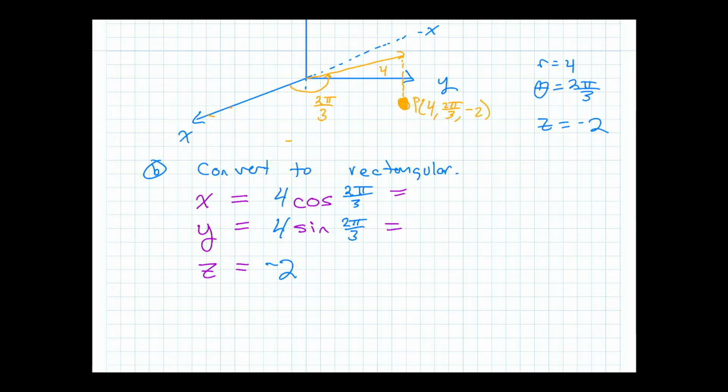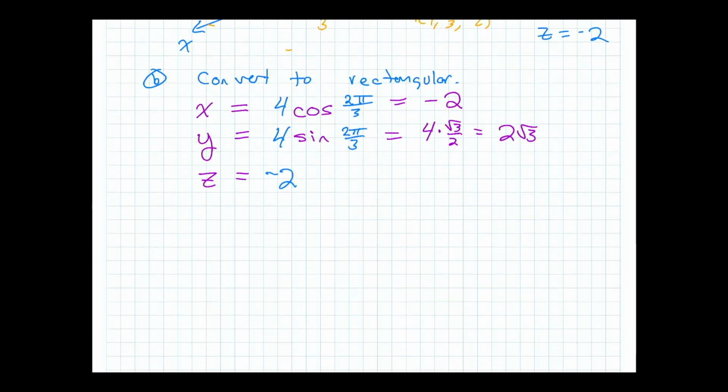Okay. Cosine of 2 pi over 3 is going to be -1/2. So it's -1/2 times 4. So -2. Then sine of 2 pi over 3 is going to be positive square root 3 over 2. So you get 4 times square root 3 over 2, which is going to be 2 square root 3. And then you have -2.